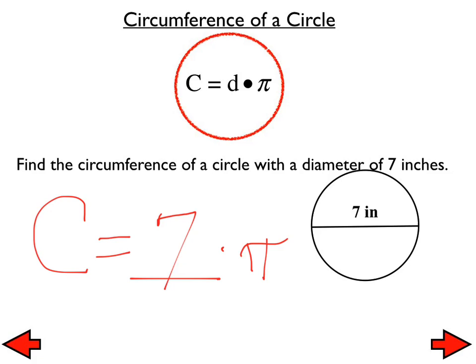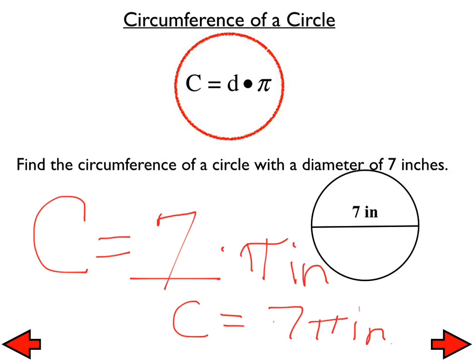And since circumference is just like perimeter, whatever the units are, that's what the units are for the perimeter. So for the circumference, it's the same thing. So our circumference would be 7 pi inches.